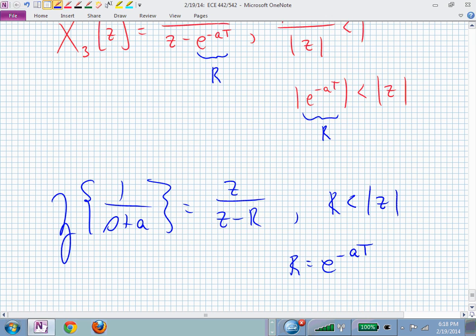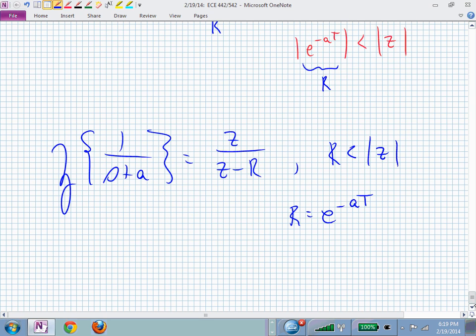That was our background information, and we've already derived that several times, but I hope now it's even more clear when we start seeing these e to the minus at's. Oh, we could think of that as just an r value.